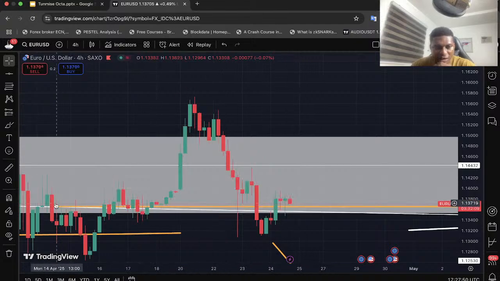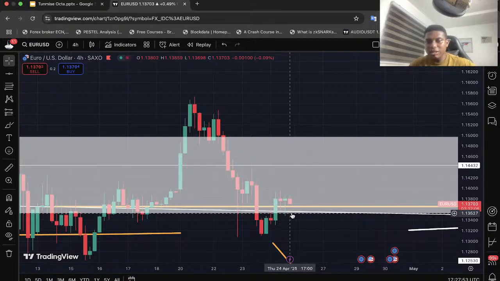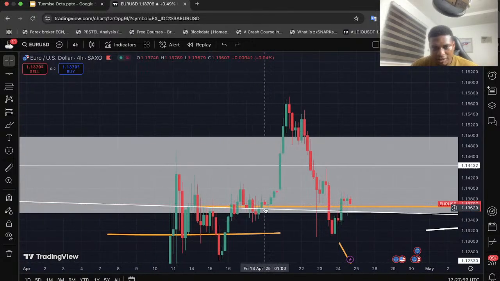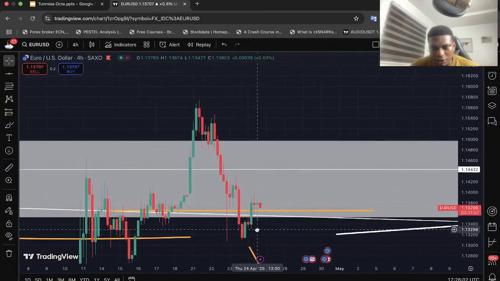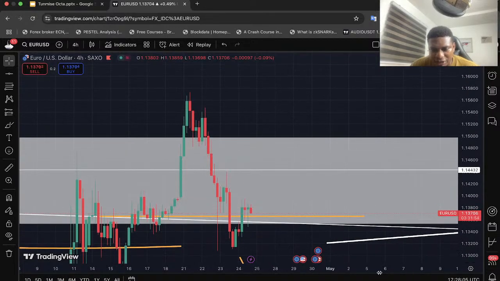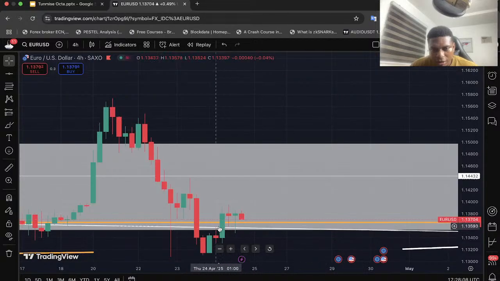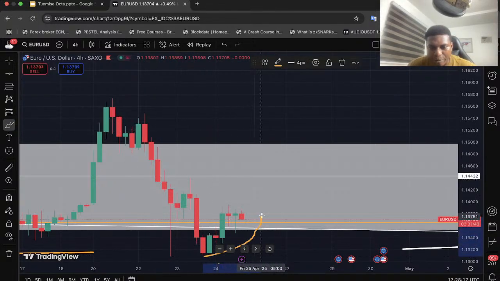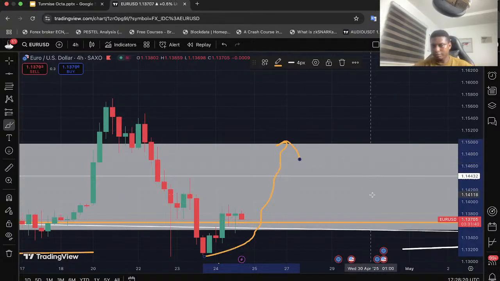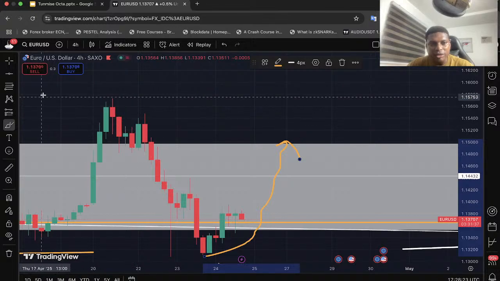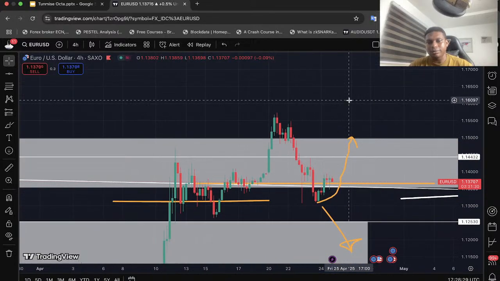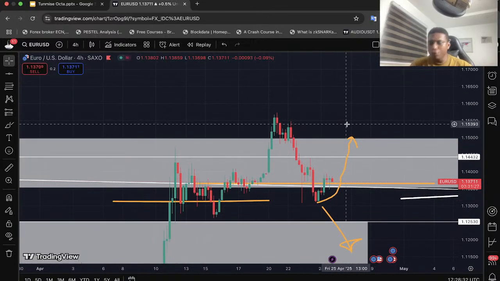And you can also see that price has been showing rejections at the support level here, indicating that there is a pushback pressure to the upside. As you can see, price is moving back up.